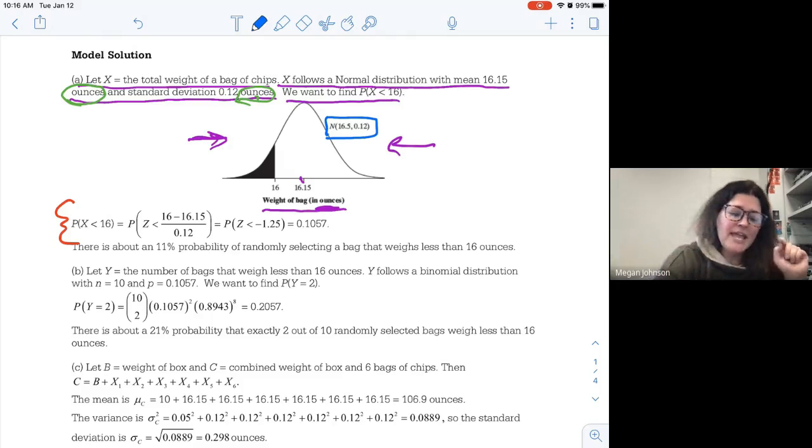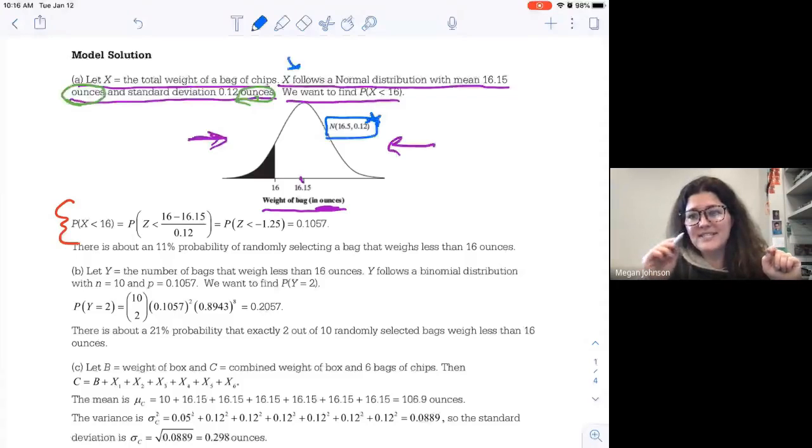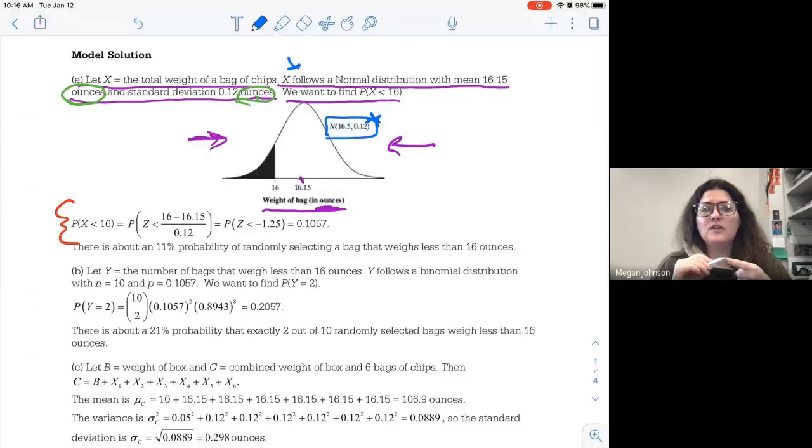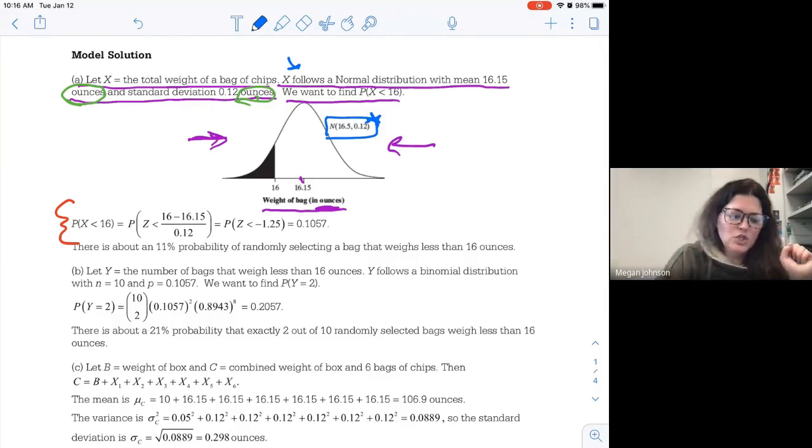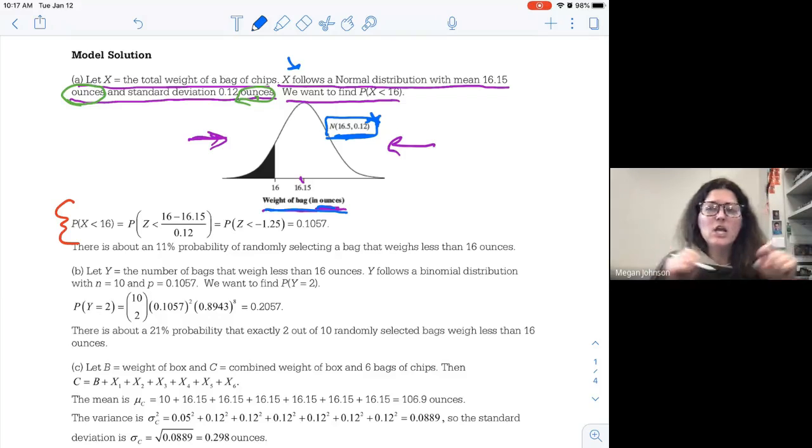Now, if you have this, you don't necessarily have to do that restatement at the top of your answer. If you did not take the time to write out X follows a normal distribution with a mean of 16.15 ounces and a standard deviation of 0.12 ounces, but you put this and you labeled the graph with the context, you've got all that information in the graph.